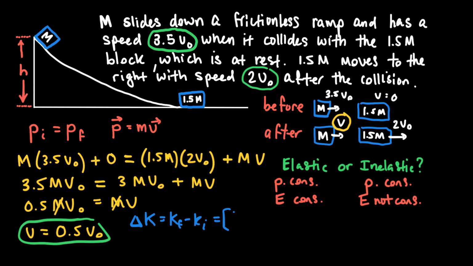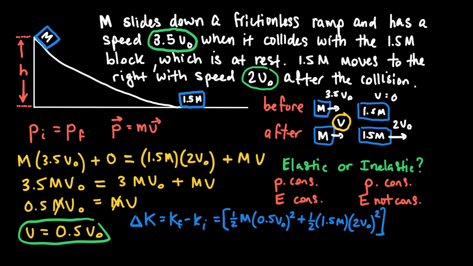The kinetic energy of the first block is 1/2 times its mass m times its speed v, which we found in the first part, which was 0.5 v naught, squared, plus the kinetic energy due to the other box, which is 1/2 times its mass, 1.5 m, times its velocity after the collision, 2 v naught. So this entire term here is the final kinetic energy.